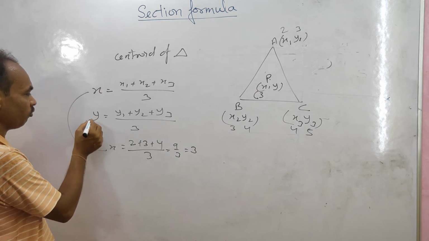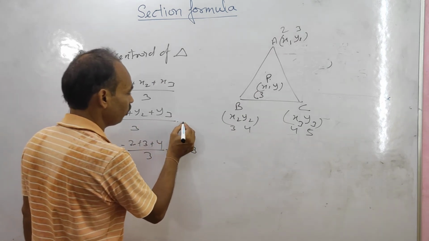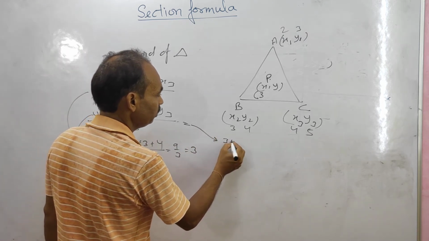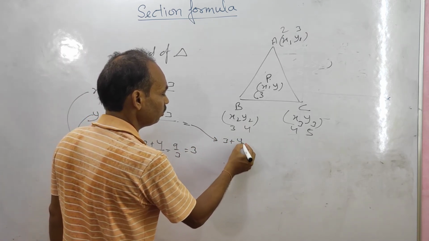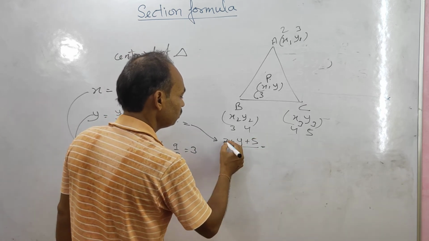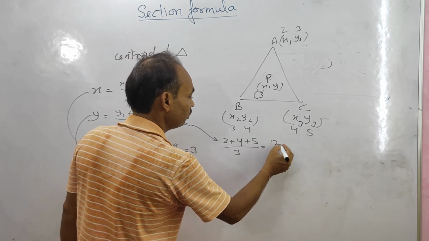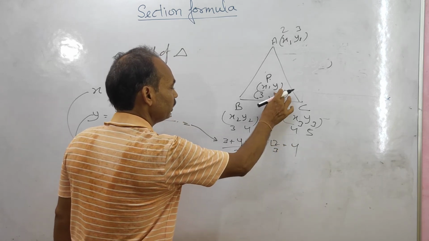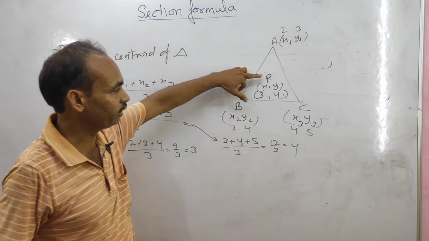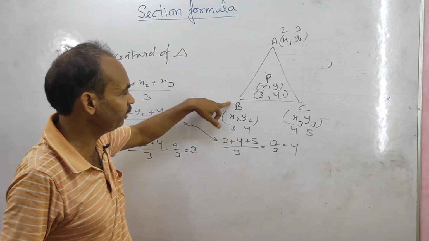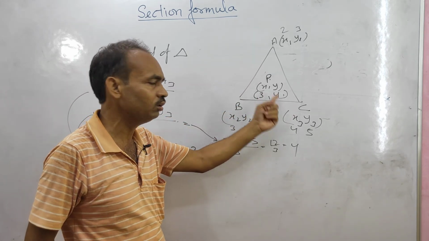And get the value of y. y1 is 3, y2 is 4 and y3 is 5, so (3 plus 4 plus 5) upon 3, 12 upon 3, which is equal to 4. You can get the coordinates of the centroid point P in triangle ABC. The answer is (3, 4).